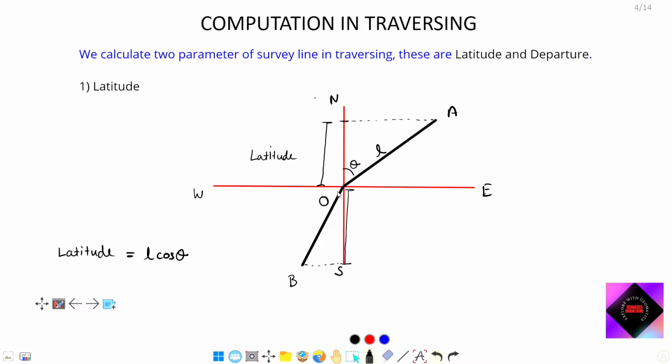The latitude which is in the direction of north is termed northing. Keep in mind, the latitude in the direction of north is called northing, and the latitude in the direction of south is called southing.